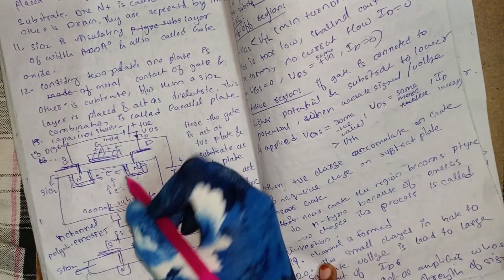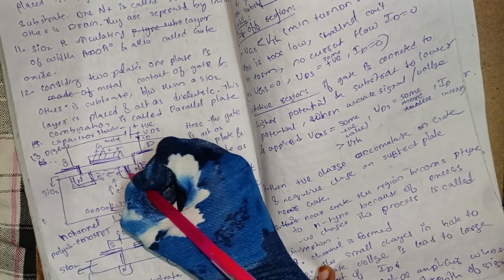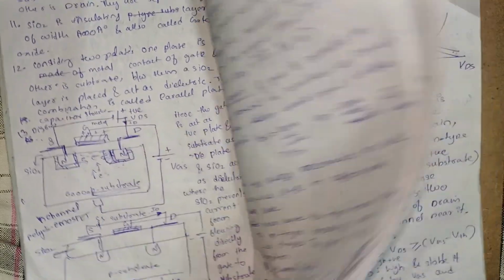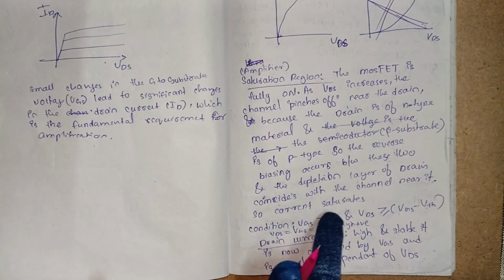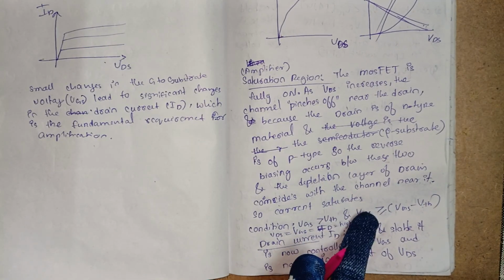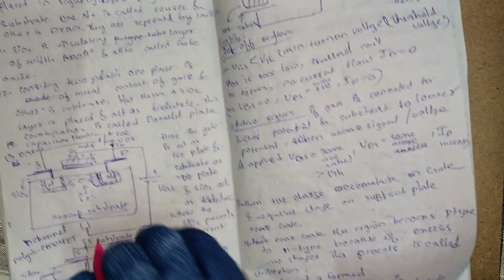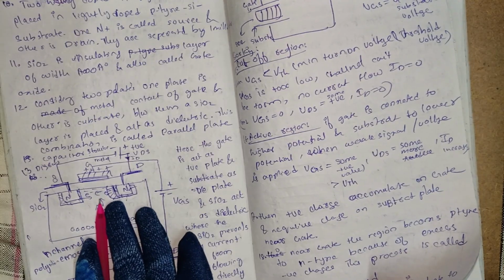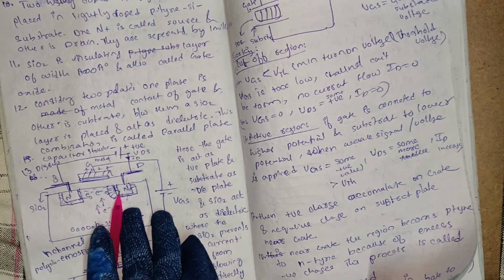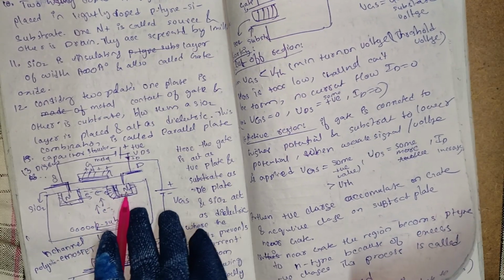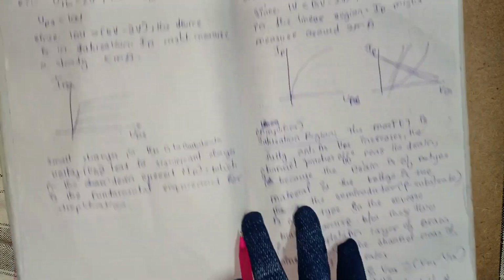Here is the channel and it increases and coincides with the channel. So current saturates, means becomes constant. So the amount of electrons going into this n type region is constant.